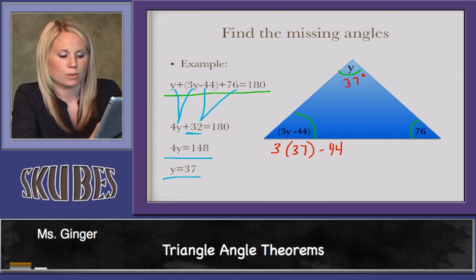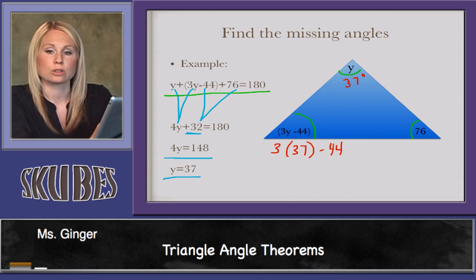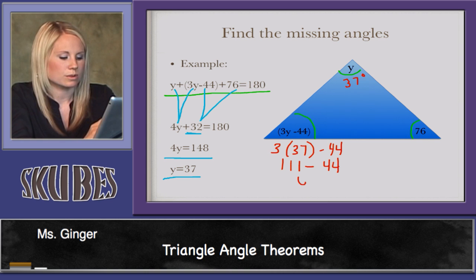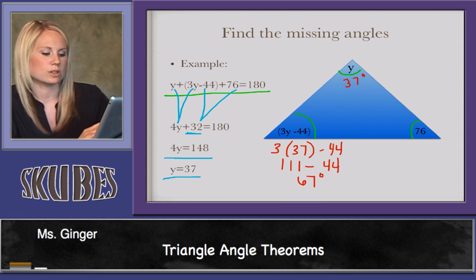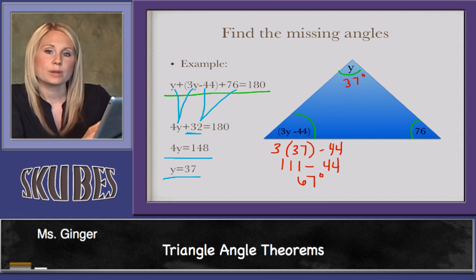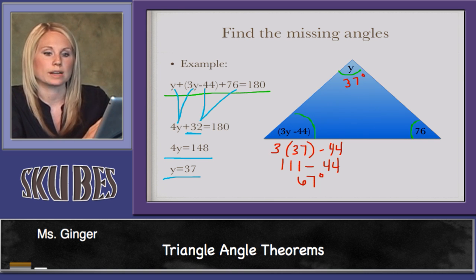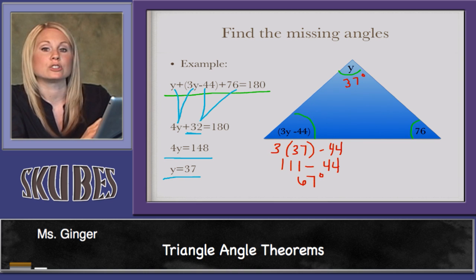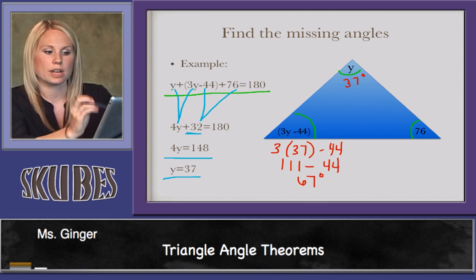So 3 times the value for y, 37, minus 44 should be the degrees of this angle down here. So I've got 111 minus 44, and that's going to give me 67 degrees. So I have all three angles, and if you want to be sure, you can take all three values now and add them up just to make sure that they do add to 180. 37 plus 76 plus 67 do add to 180, so we're in good shape.